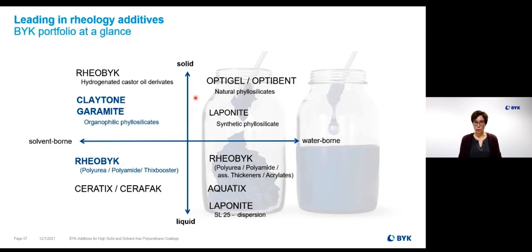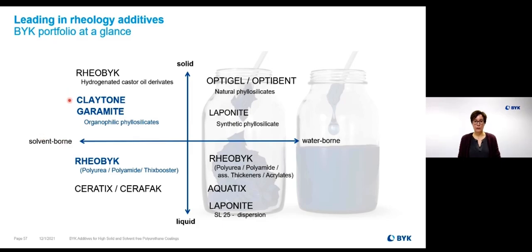When we talk about waterborne and solid, we have Optigel, Optibent or Laponite types. Waterborne and liquid, we talk about Rheobyk, different chemistries, polyurea, polyamide, as well as acrylate thickeners, for example. We have Aquatix and we have Laponite. But today I would like to focus, of course, on solvent-borne.